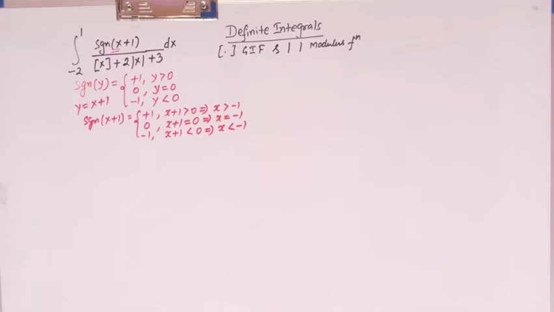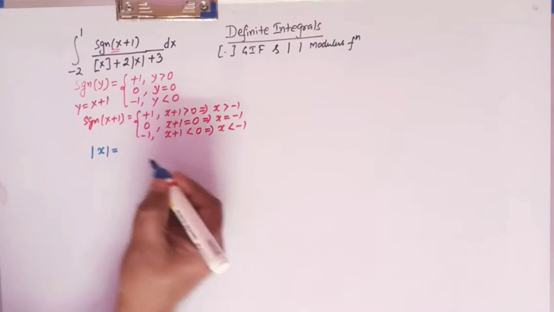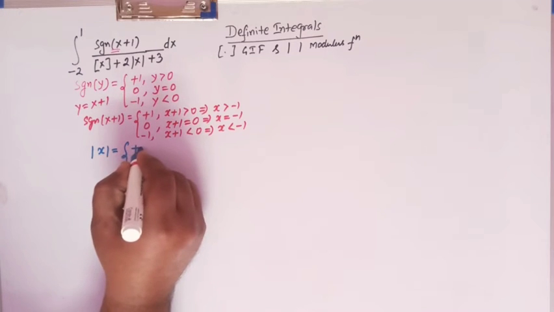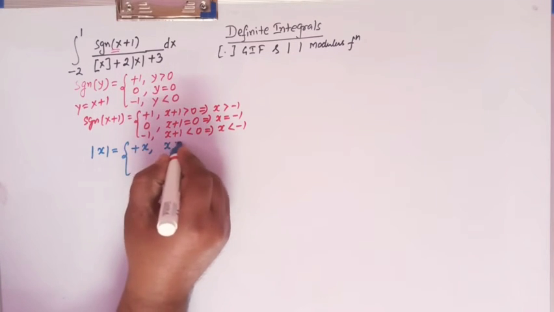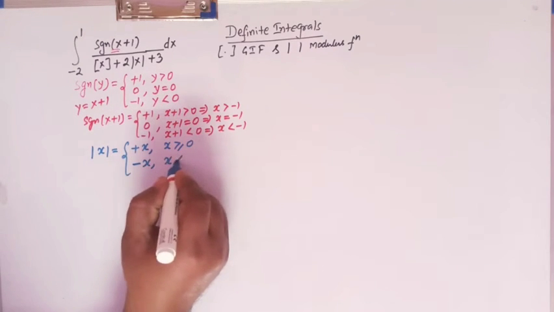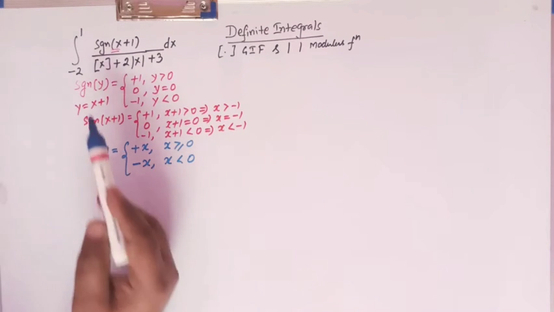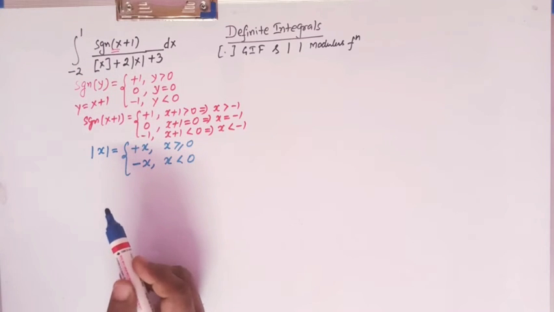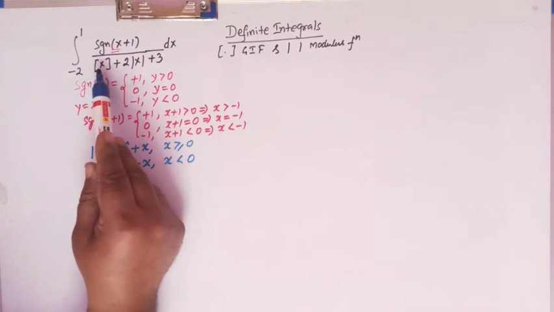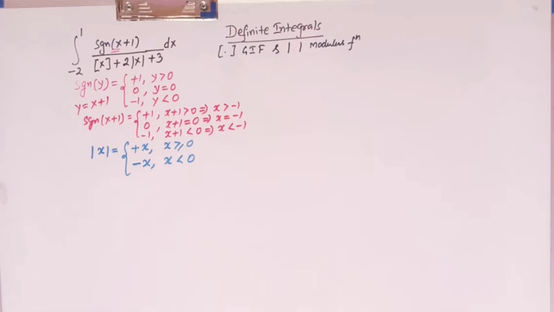And the absolute value function, that is mod of x, is equal to x whenever x is greater than or equal to 0, and minus x whenever x is less than 0. The third function is the greatest integer function, which is the greatest integer less than or equal to x.